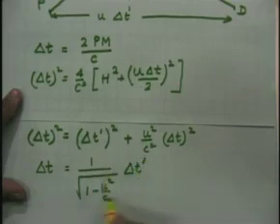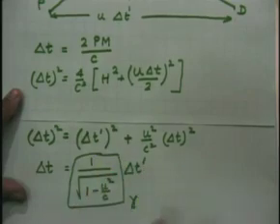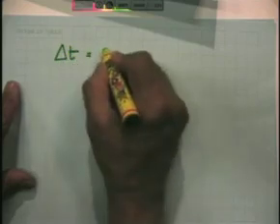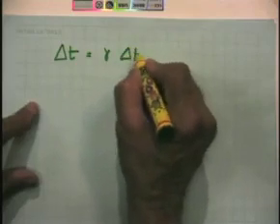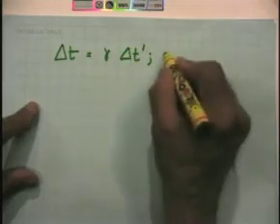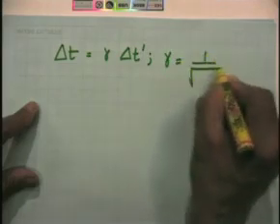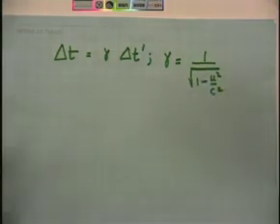So, this factor is known as the Lorentz factor and is denoted by the symbol gamma. So, we finally get the relation that delta t, as you observe on the platform, is equal to gamma into delta t prime, and gamma is the Lorentz factor, which is equal to 1 over the square root of 1 minus u square by c square, where u is the velocity of the train.